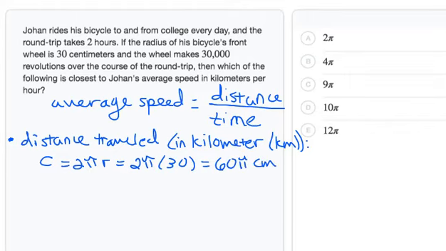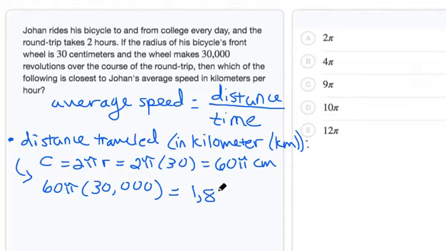So the distance traveled will be 60 pi times 30,000, which is how many revolutions they traveled over the course of the trip. So that will equal 1,800,000 times pi centimeters.